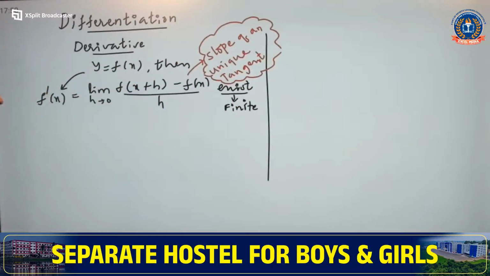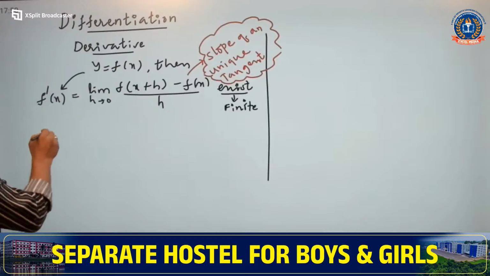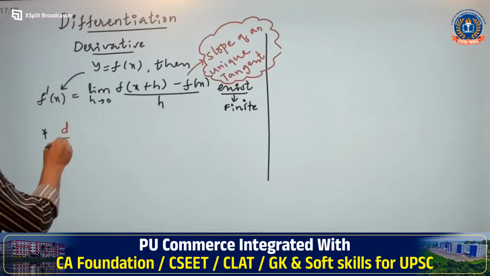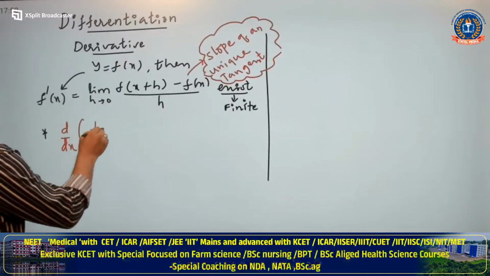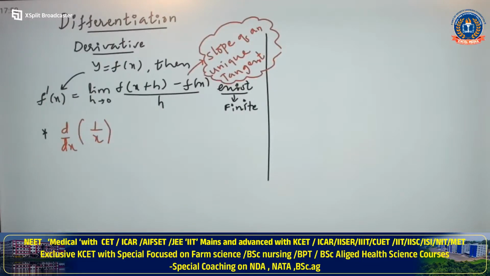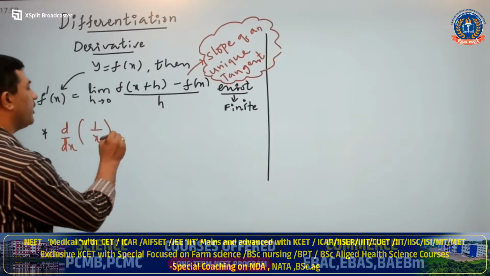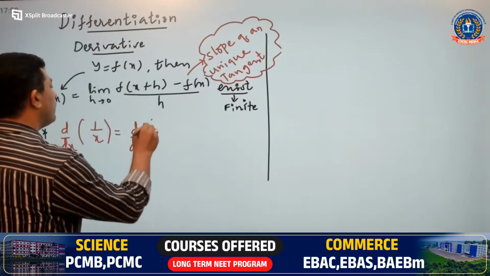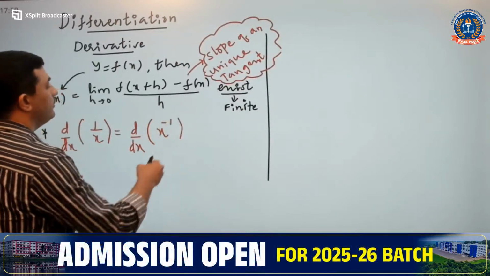Now I'll take one more important formula. That formula says the derivative of, say, 1 by x. Derivative of 1 by x, see what happens. Now d by dx of, can I write x raised to minus 1?